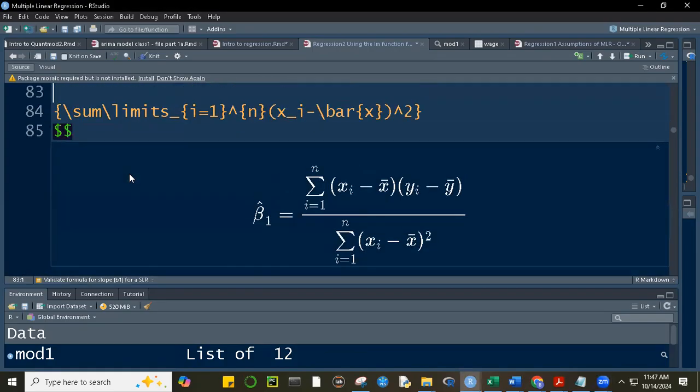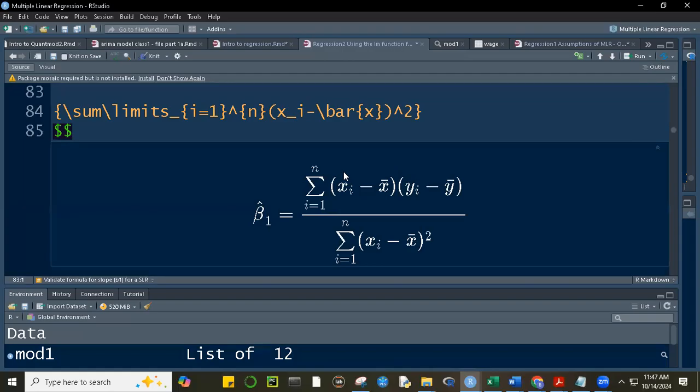Okay, so x sub i, class, this is your independent variable. Your y sub i is your dependent variable. So for each of the elements of your x's, we subtract the average. Okay, so this one, x minus x bar. And then we cross multiply it with the y, which is hourly wage minus the average of hourly wage.